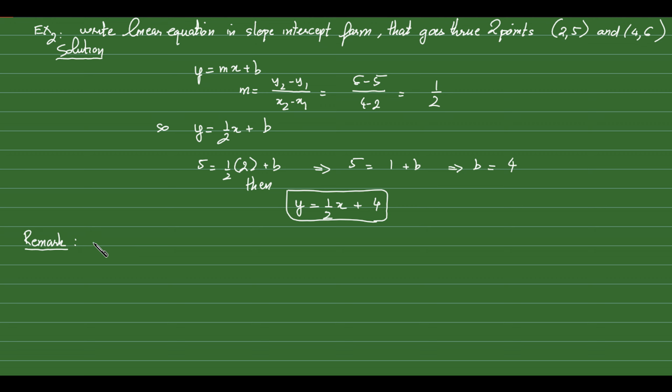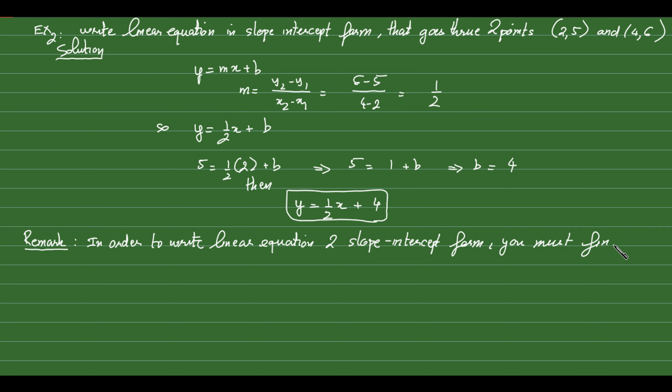In order to write a linear equation in slope-intercept form, you must find, first of all, the m value, and secondly the b value.